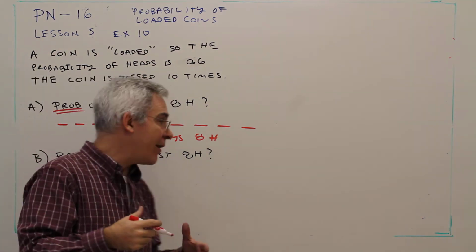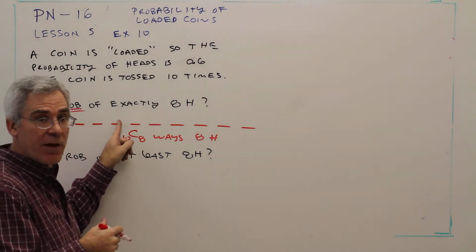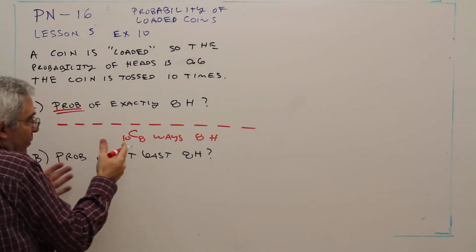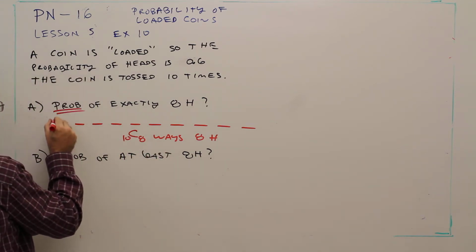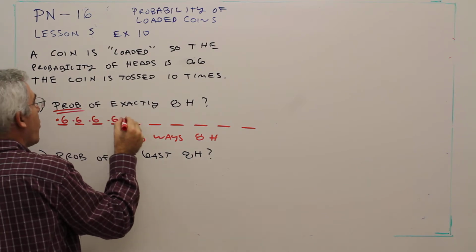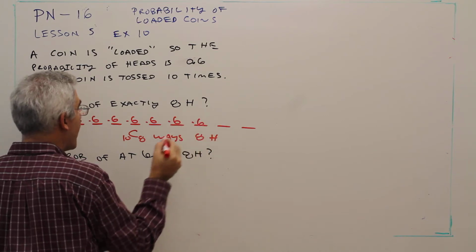So the probability is going to be the probability of this event times this event times this event times this event. All right, so if I've got 8 heads, we can just assume, for this purpose, through the first 8, it's 0.6, 0.6, 0.6, 0.6, 0.6, 0.6, 0.6, 0.6.